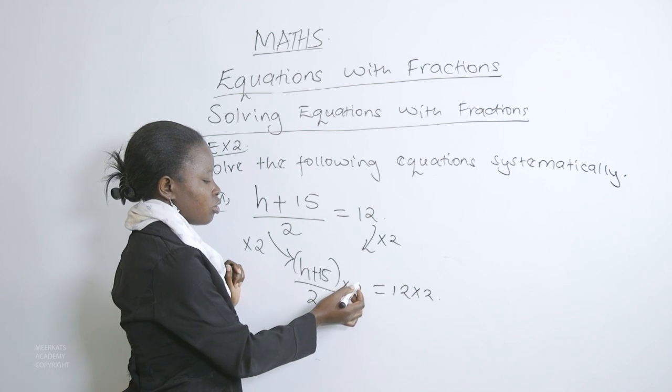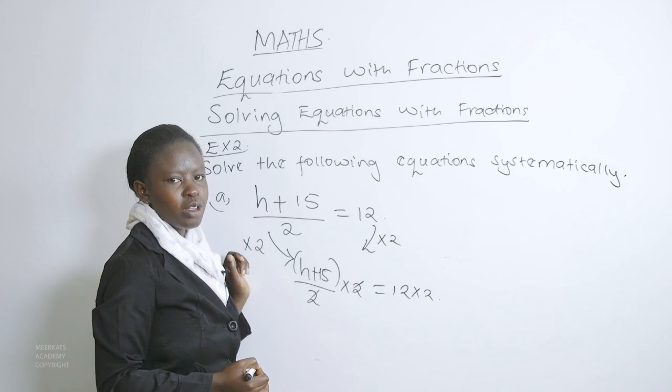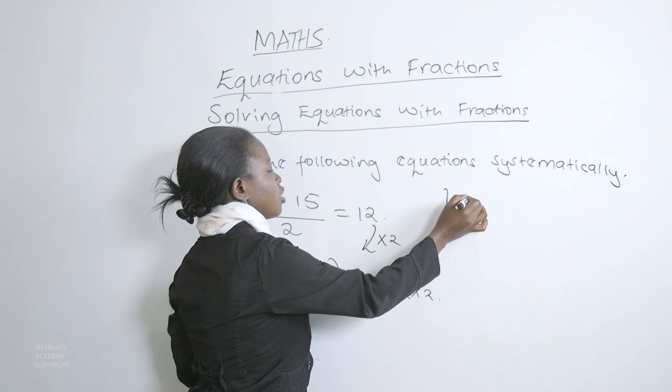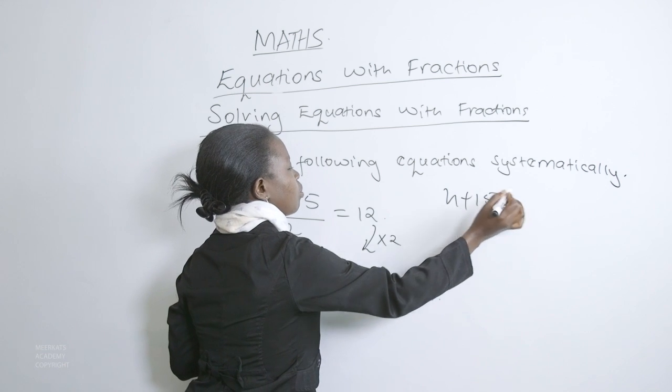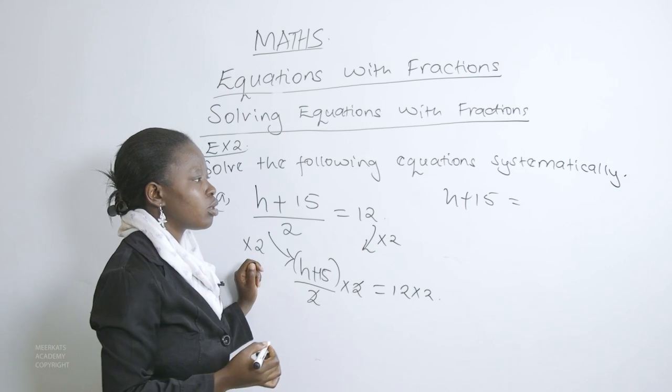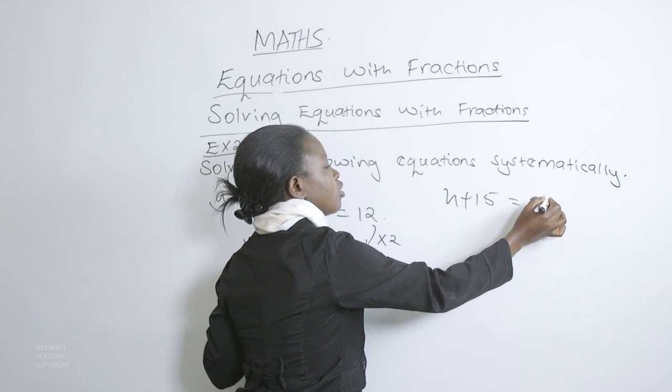So 2 and 2 on the left hand side will cancel out, and you are left with h plus 15 will be equal to 12 multiplied by 2 gives us 24.